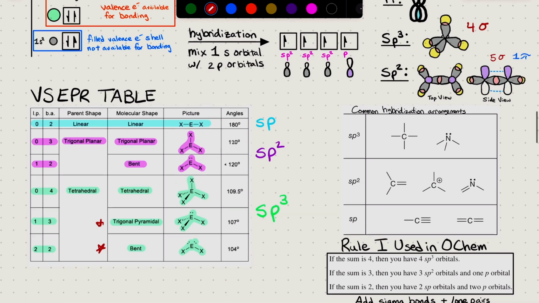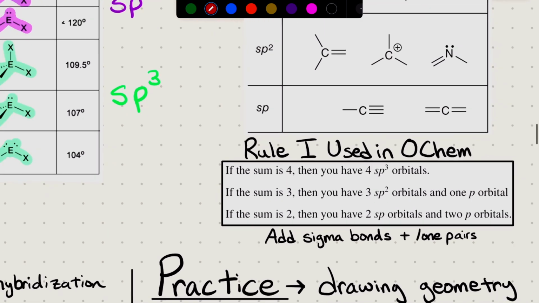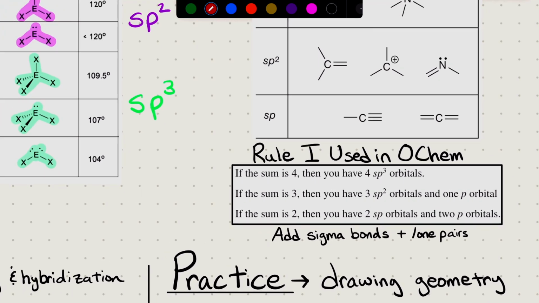A rule that I used in OChem, as it shows right here, is something that I got from a book I'll reference later. It was super helpful. So when you add up your sigma bonds and your lone pairs, not as individual like I did with the formal charge, but as a pair together, like here in sp2.